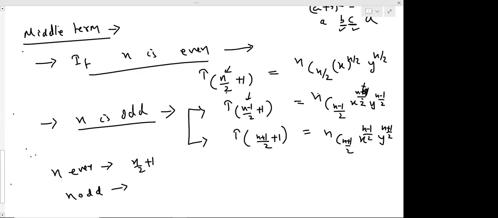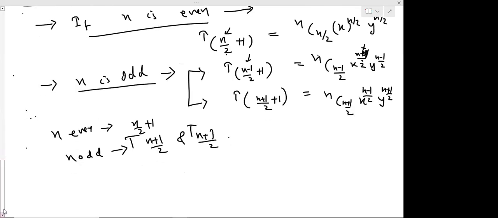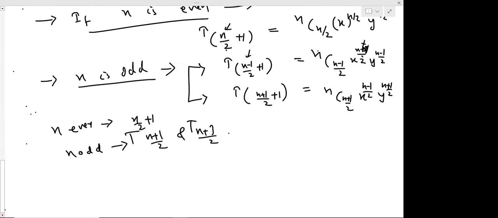When n is odd, then the terms you have to find are (n plus 1) by 2 and (n plus 3) by 2. So you can remember this also. You can write it down, whatever. But you get the idea, right? Even if you forget the formula, you can calculate how to do that.